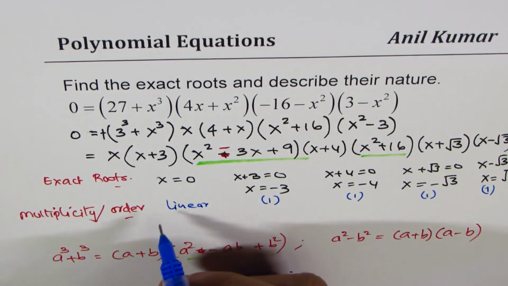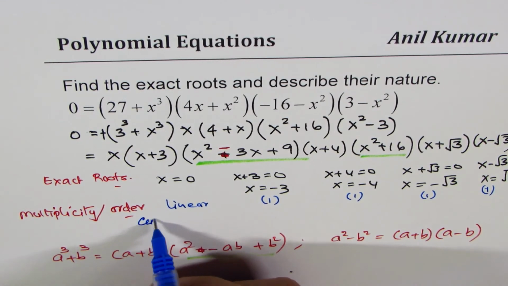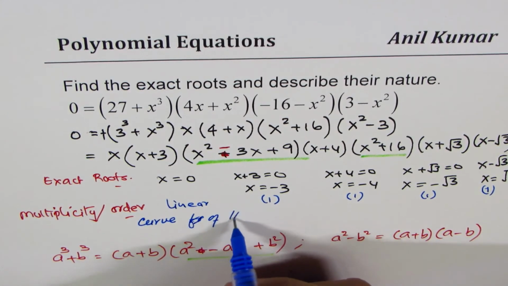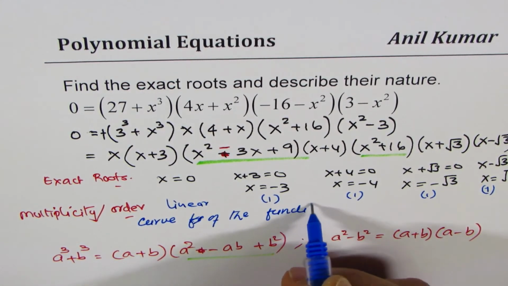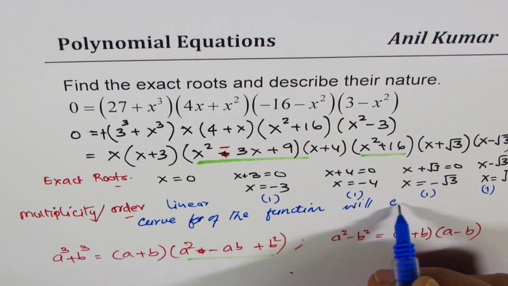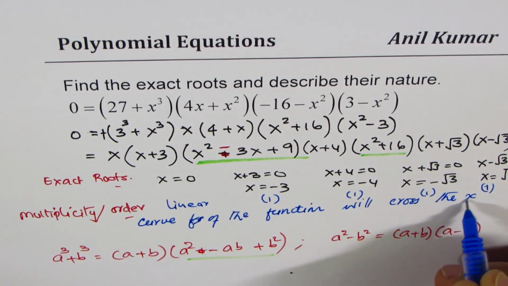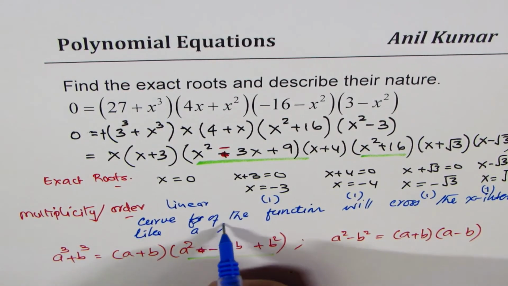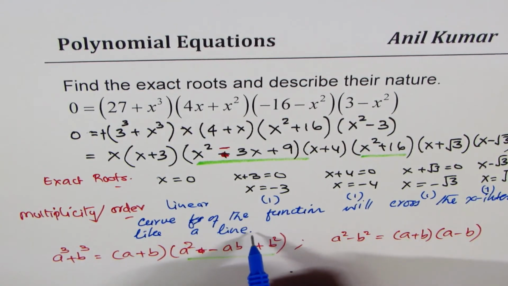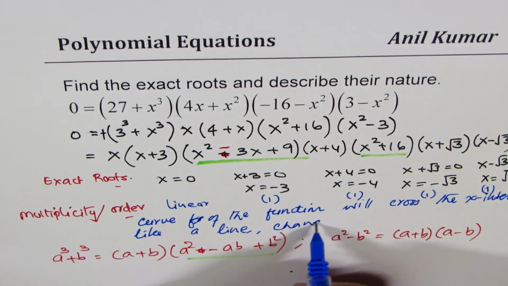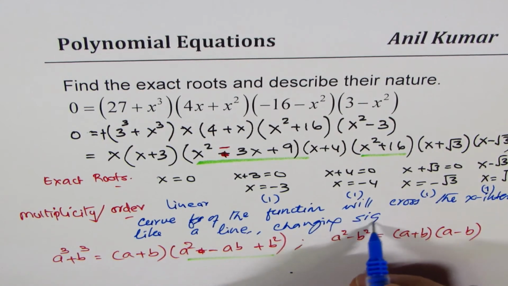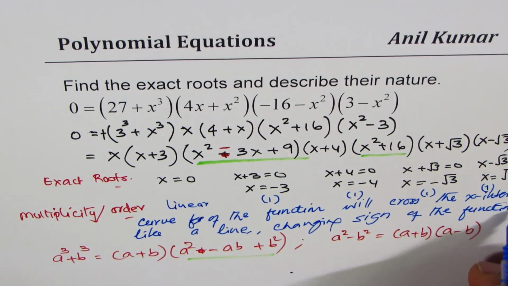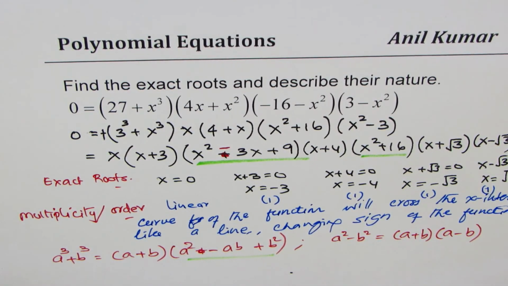Since they are all linear, at each root, the curve of the function will cross the x-intercept like a line, right? Changing the sign of the function. So it may go from positive to negative, negative to positive, and so on.